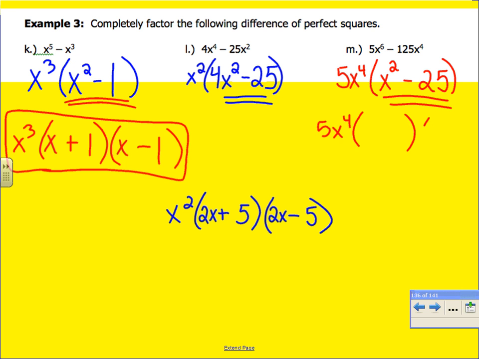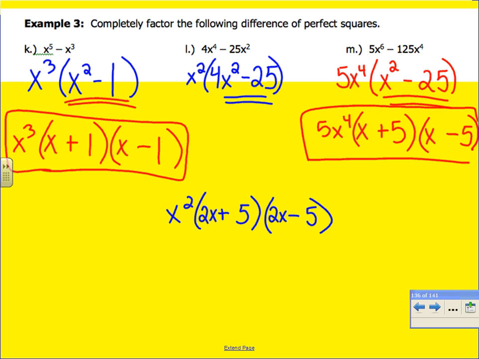We can rewrite our GCF. Go ahead and make your two binomials, 1 plus, 1 minus, and we need to square root each term. The square root of x squared is x. The square root of 25 is 5. So that is completely factored. That's our answer. We could use that to find the x-intercepts of our parabola.